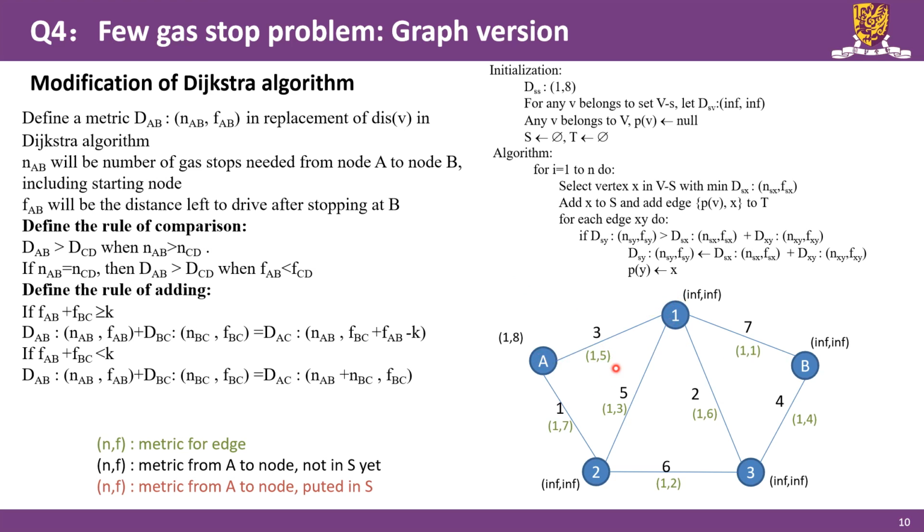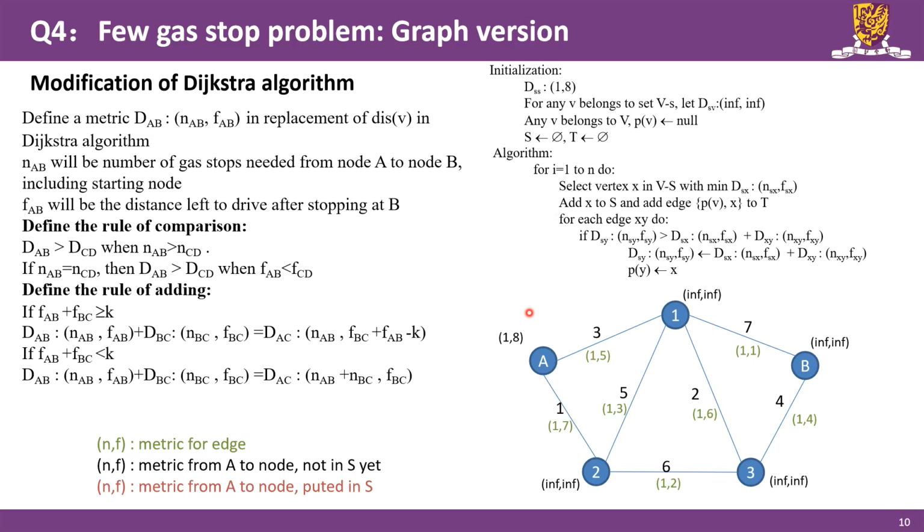The same applies to each of the edges. Then just like Dijkstra's algorithm, we will look into the node that has the lowest metric. So among these 5 nodes, we can easily notice that node A has the lowest metric. So we put node A into S.